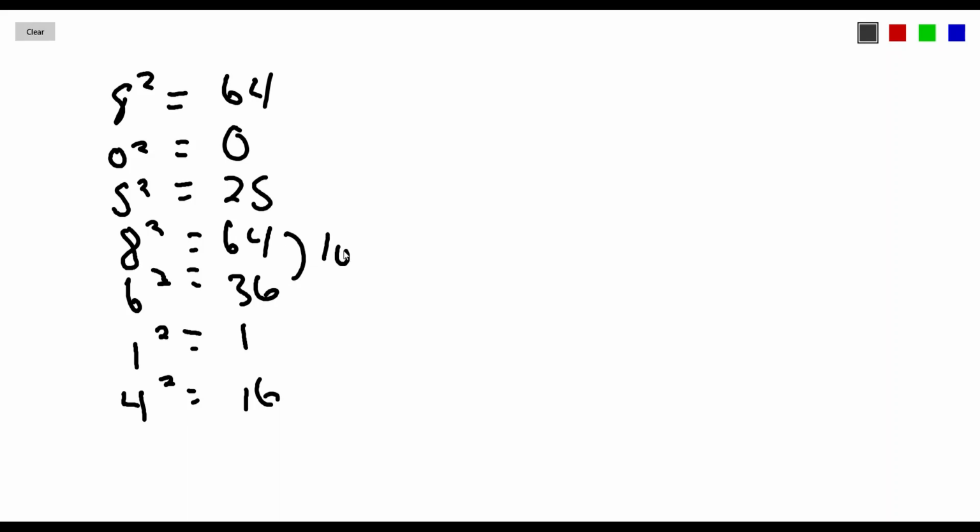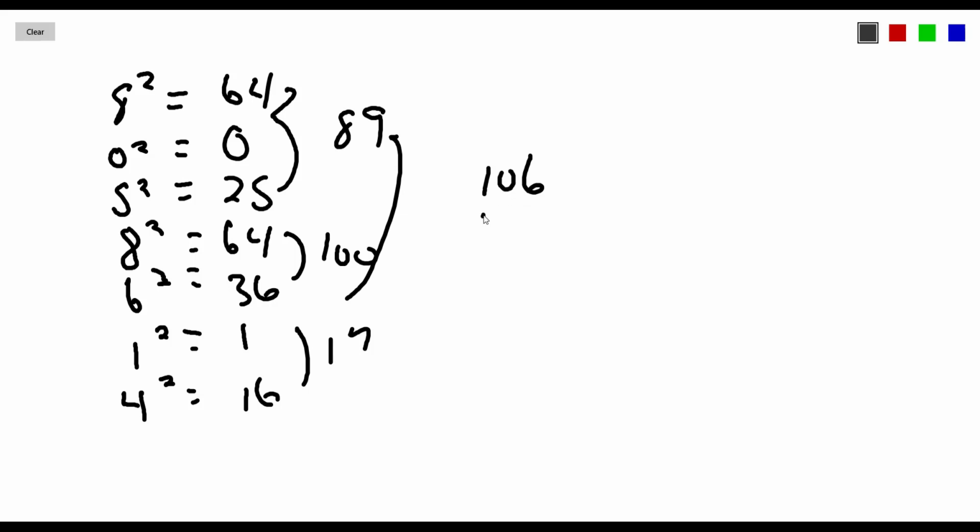So this equals 100, this equals 17, that equals 89. 89 plus 17 equals 106, plus 100 equals 206.